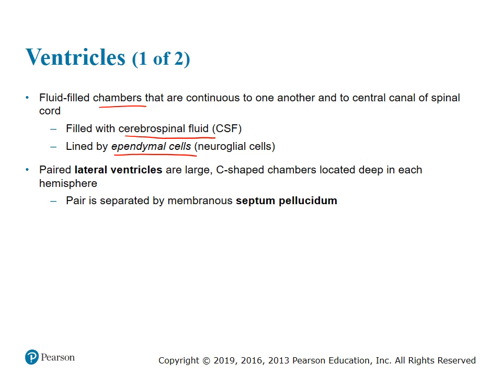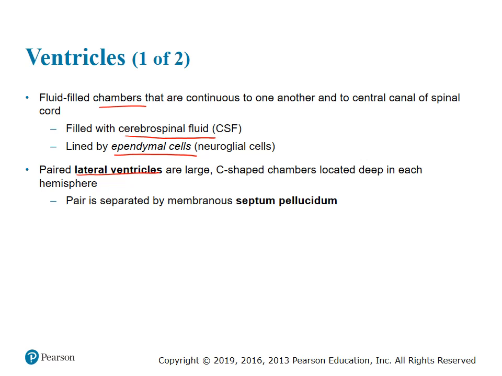So the biggest ones we have are located in the brain, and they're deep inside the cerebrum, and it's a pair. They're C-shaped, and we'll call those lateral ventricles. Again, they're a pair. There's one on the left and one on the right.